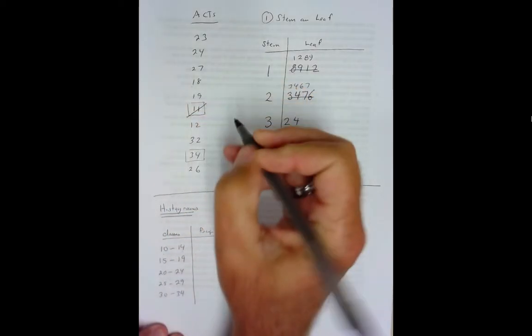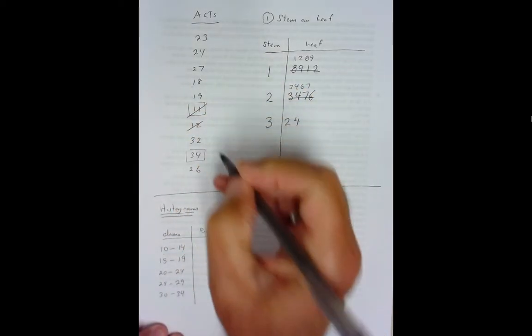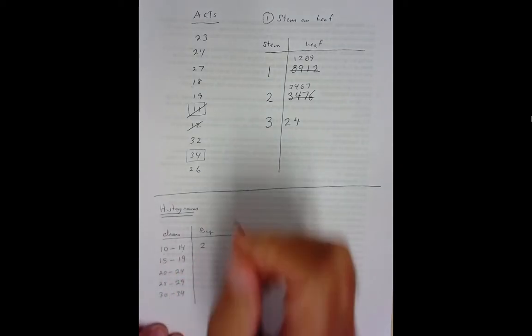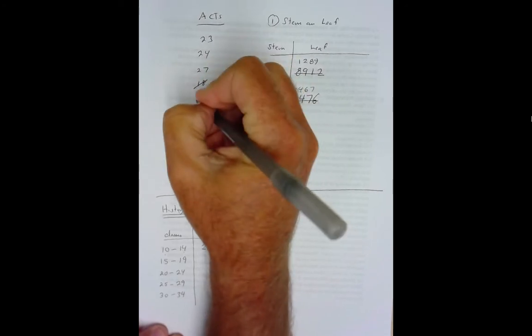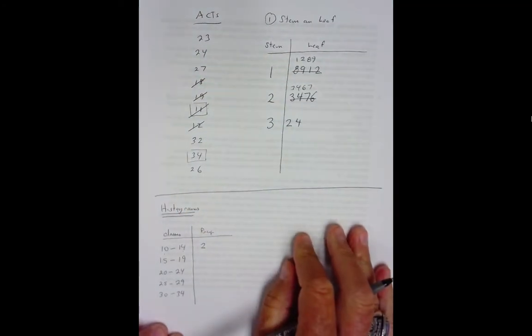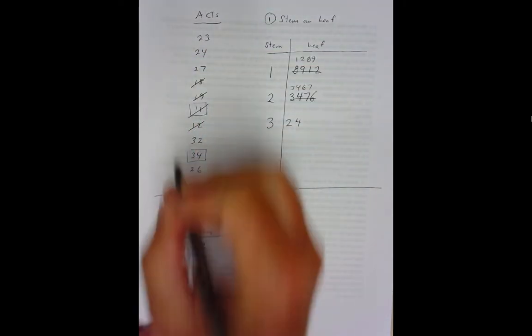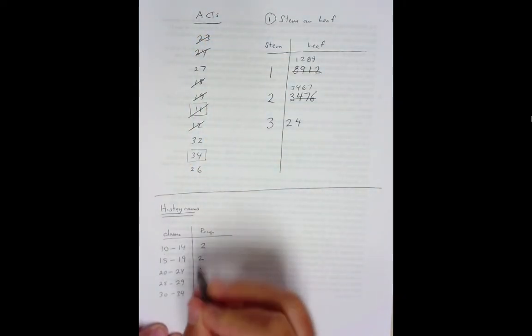So 10 through 14, I have 2 measures, so I'll put a frequency of 2. 15 to 19, 1, 2, I guess that's it. 20 to 24, I have 0. No, I have 2.